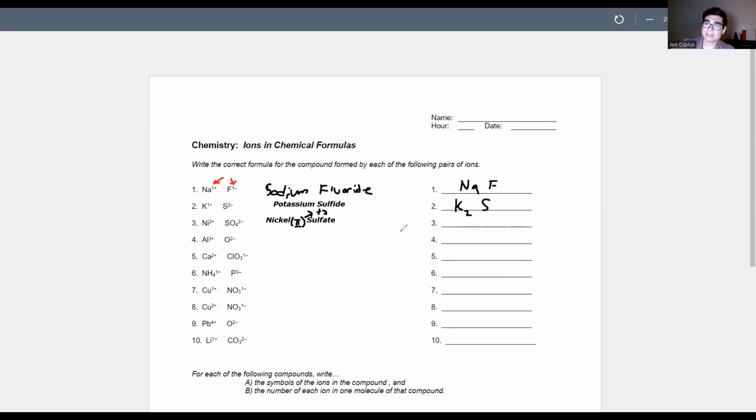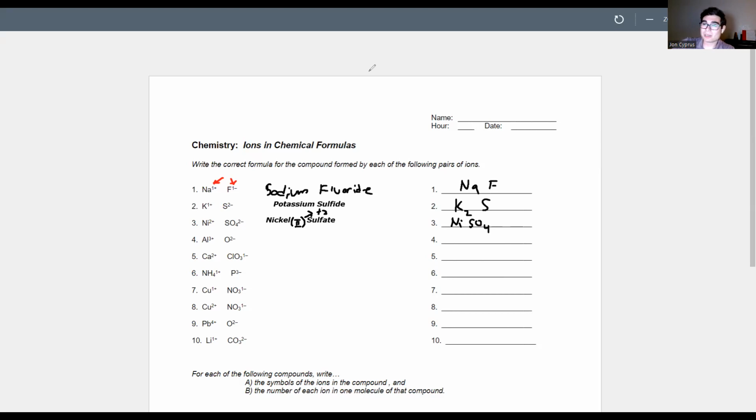This just indicates the charge of the transition metal, like nickel. Again, these charges have to equal each other, so this is NiSO4. Nickel's a 2+, sulfate's a 2-, 1-to-1 ratio.